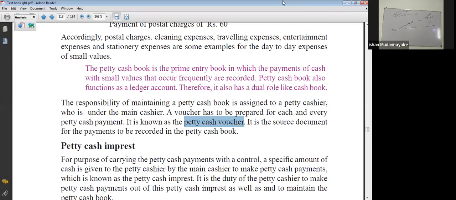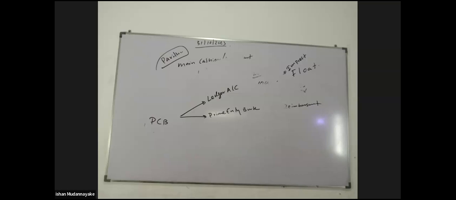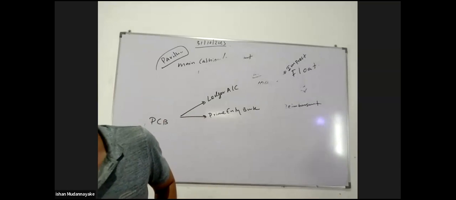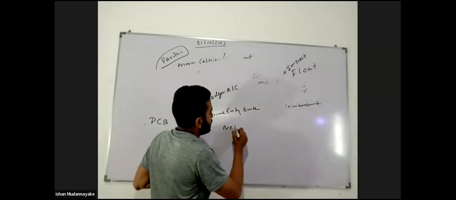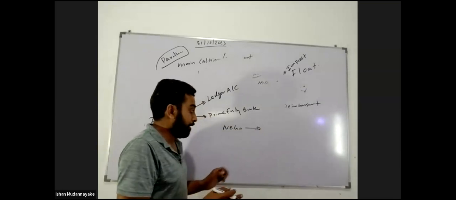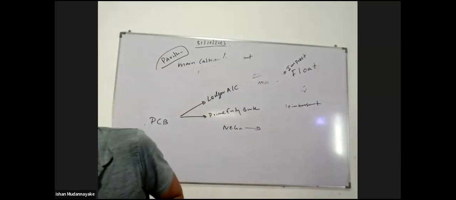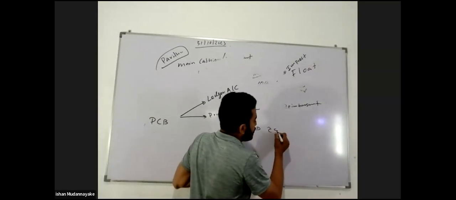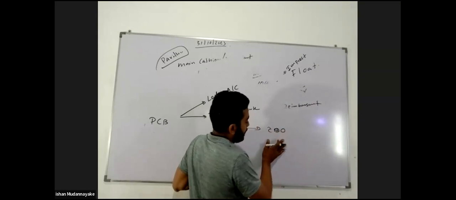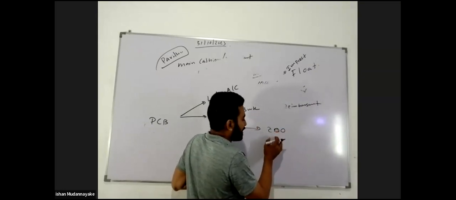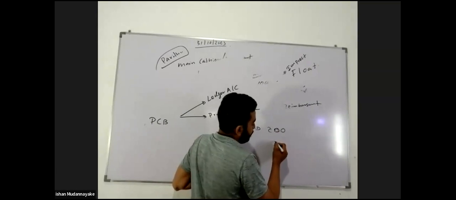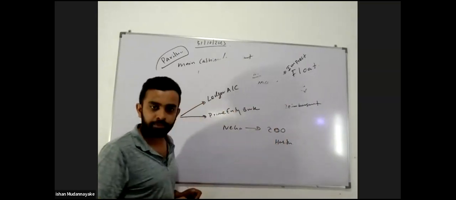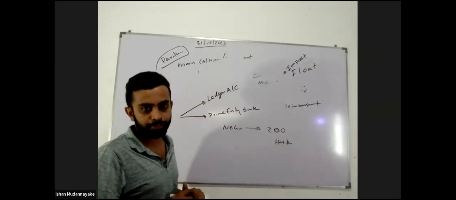Okay, now, in our example, Nehara is a petty cashier. Let's say Nehara paid 200 rupees for travel expenses of Hasid, one of the employees of this business organization.